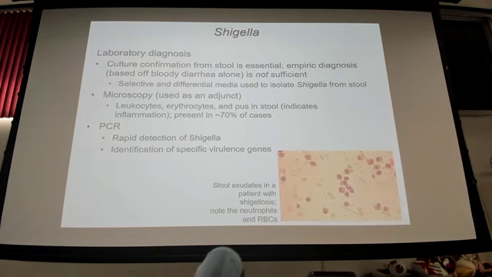With some of these really bad cases of shigellosis, regardless of the species, you can have inflammatory diarrhea. You can find neutrophils and other immune cells in the stool, as well as red blood cells, erythrocytes, and pus. So that would be helpful for diagnosis.